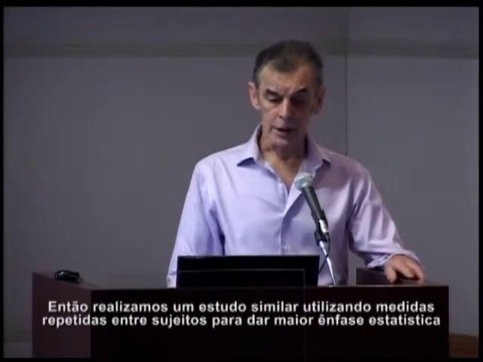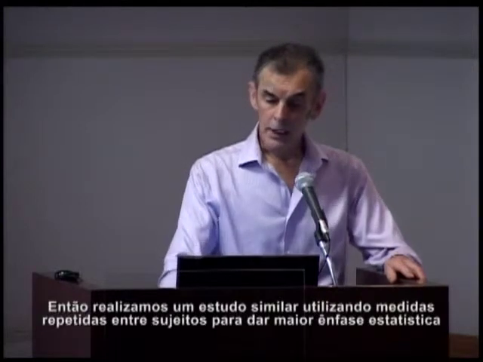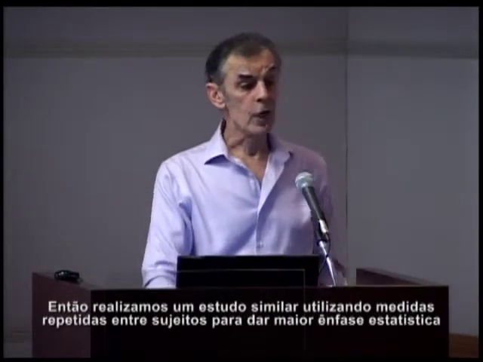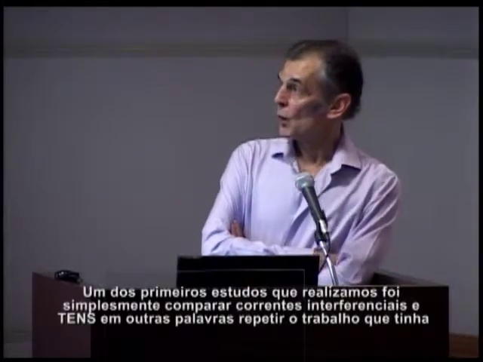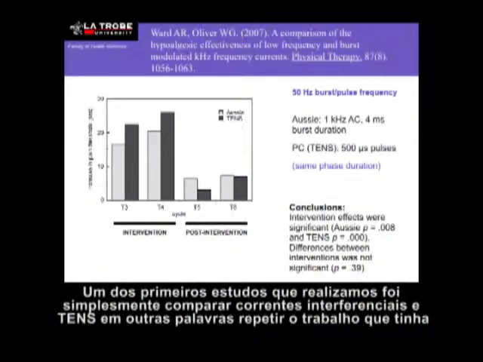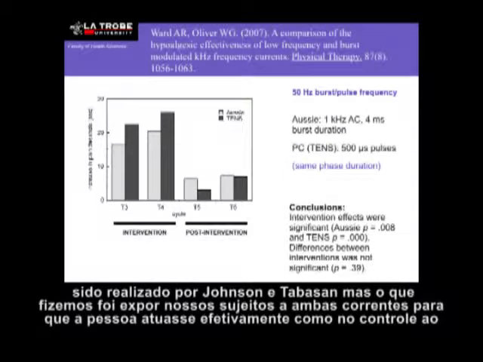So we carried out a similar study using a within-subject repeated measures design to give greater statistical power. One of the first studies that we did was simply comparing interferential current and TENS, essentially repeating the work done by Johnson and Tabberson.